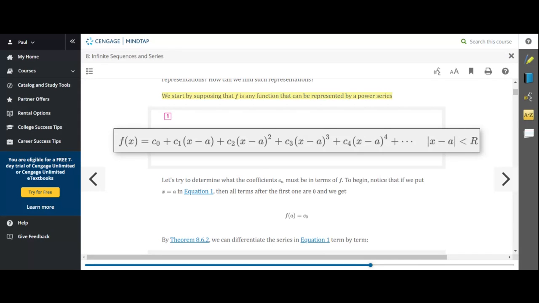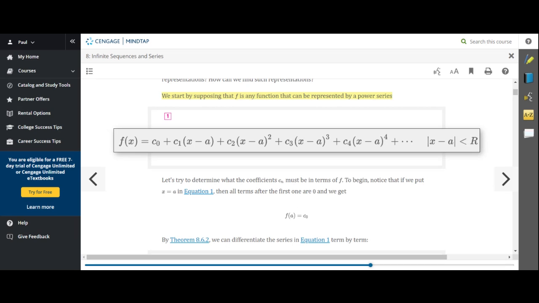You've dealt with power series from sections 8.5 and 8.6, and you know that power series take on this form. And the a is a number that could be 0, or it could be a different number, it all depends. But we're assuming that any function f of x can be written as a power series.